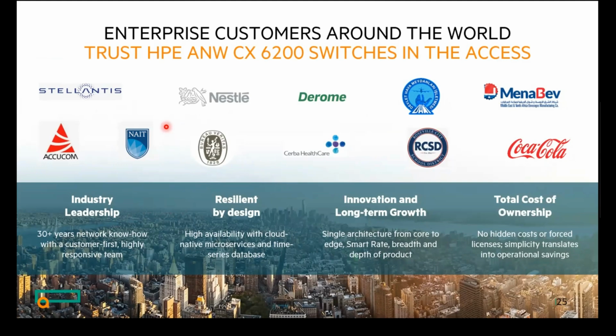These customers believe that the HPE Aruba Networking solution will provide a future-proof and scalable approach that empowers innovation and growth for their organizations while significantly lowering the total cost of ownership. We would really like to thank the customers for their belief in our CX switches. These customers are planning to deploy the CX 6200 series switches in their access layer.